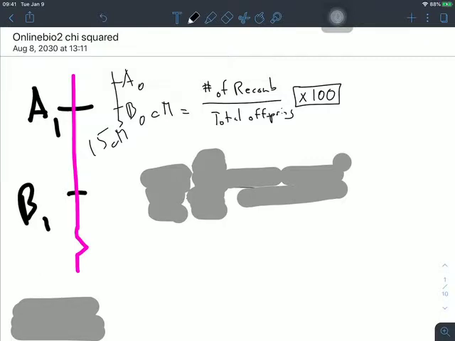So 85% of the progeny would be of the parental type, and 15% would be of the recombinant type.